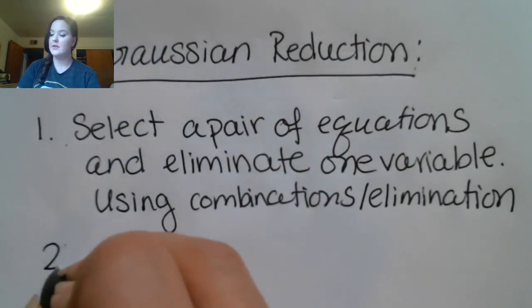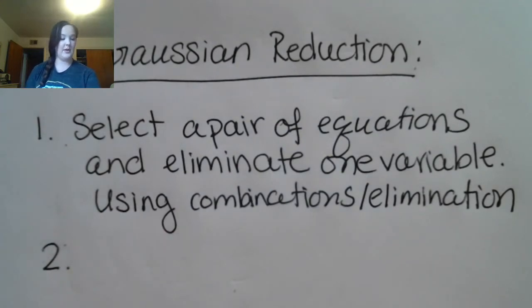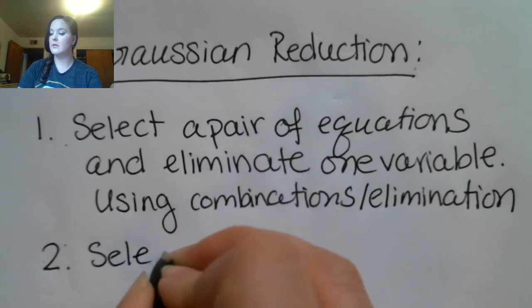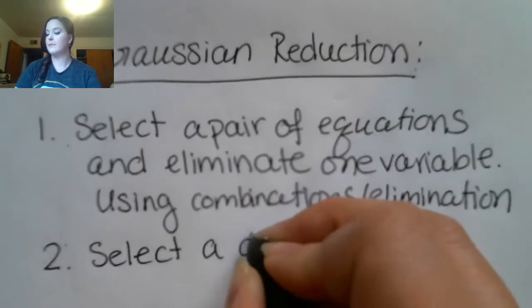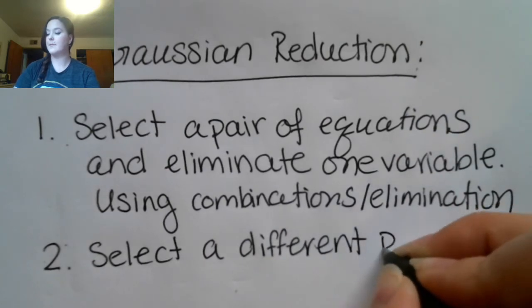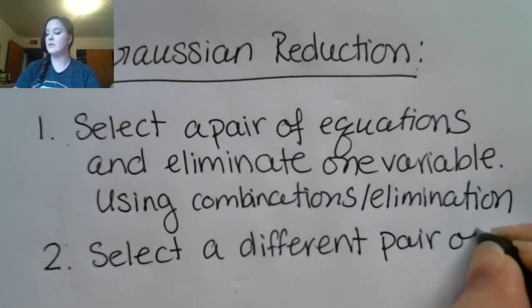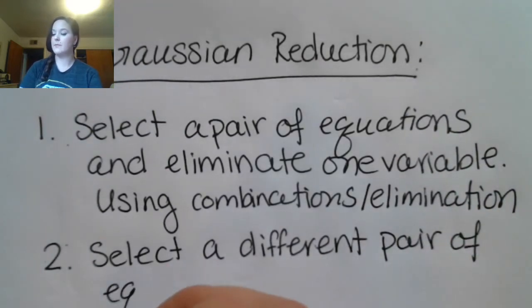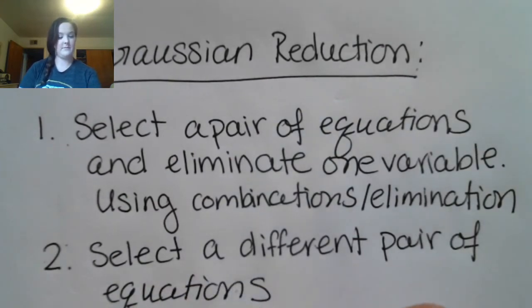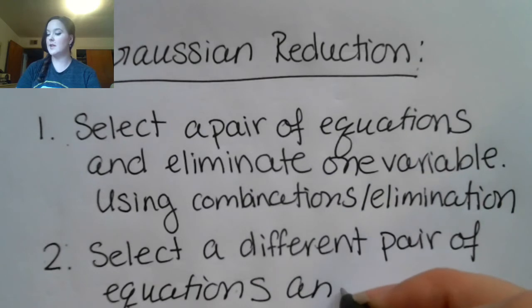Then the second step is to select a different pair of equations and eliminate the same variable.